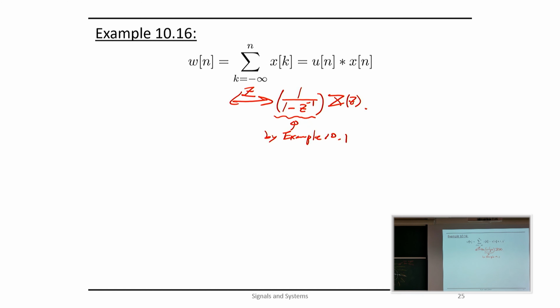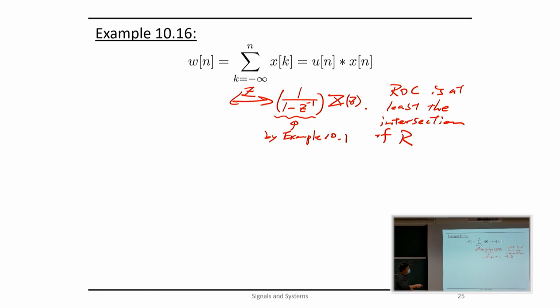The region of convergence should be at least the intersection of the ROCs of the two. Suppose R is the ROC of x of n.